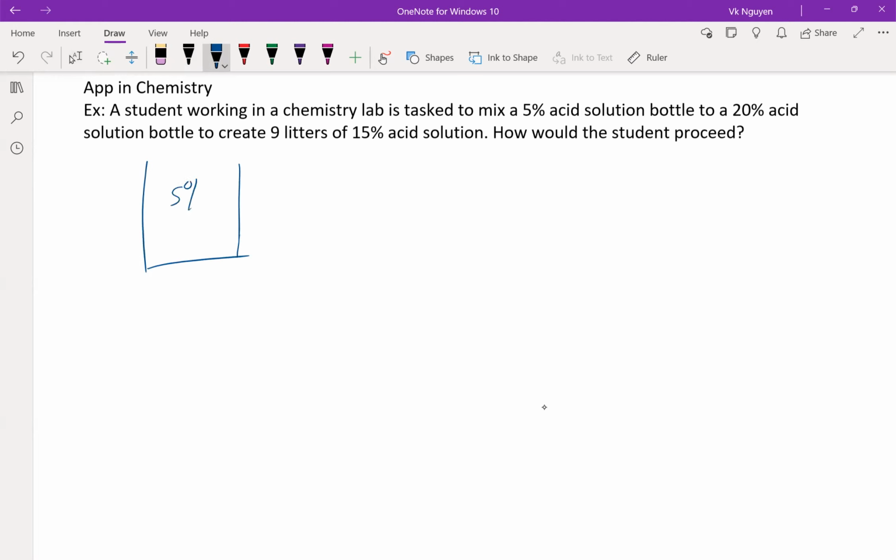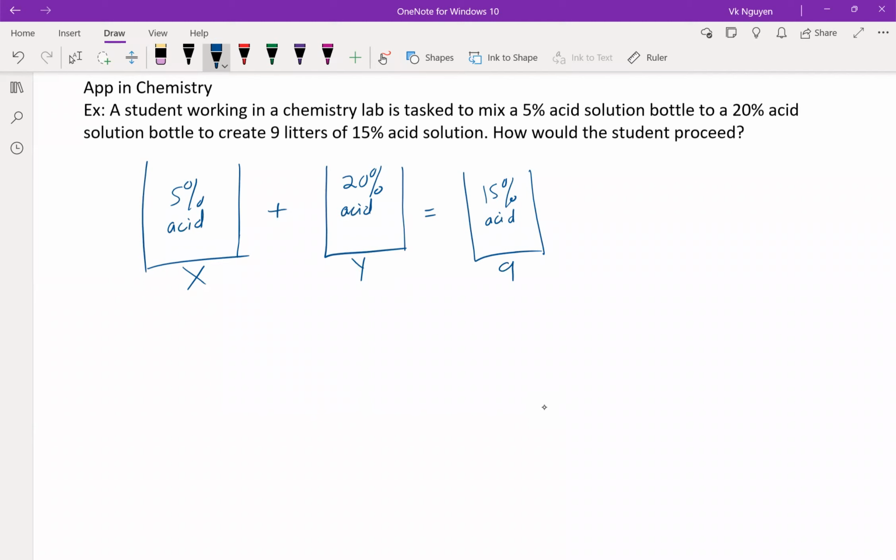Here comes 5% acid. We don't know the amount, so let it be X. And we're going to add to a 20% acid. We have no idea what the amount is, so it's going to be Y, to get a mixture of 15% acid, and we know the exact mixture, 9 liters. Similarly, we have two equations.